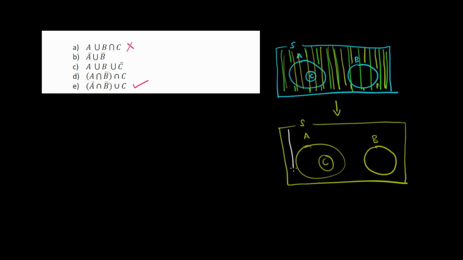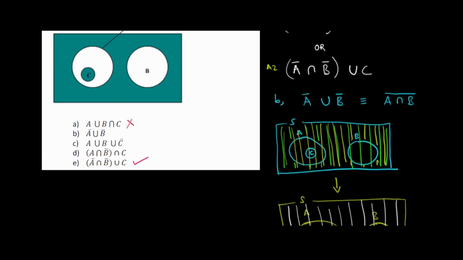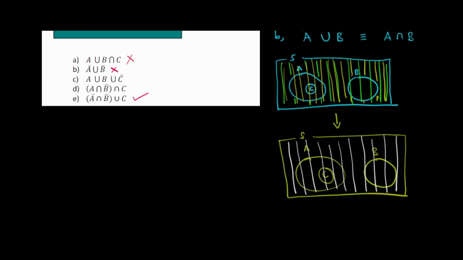We are going to shade here, but we also get inside A because it was a union, like this. Then we also shade here, we also get inside B. So as you can see, this is not how this is represented. So this makes B a wrong answer. It disqualifies B.